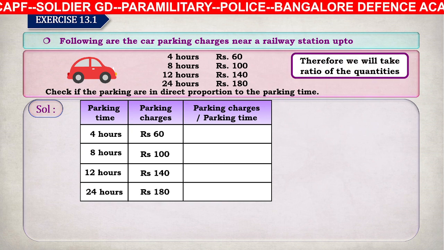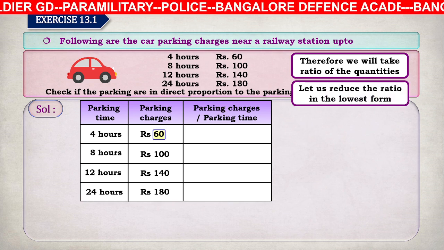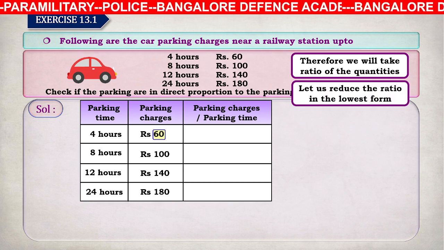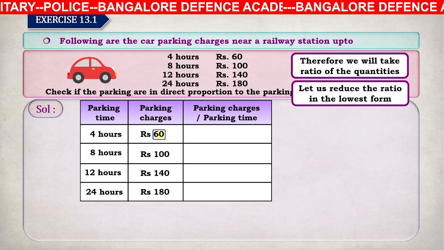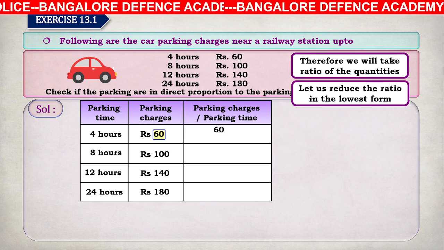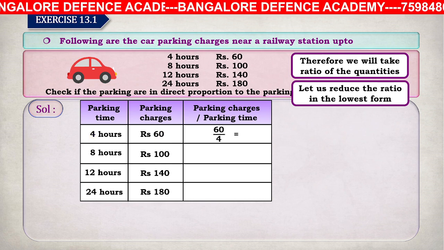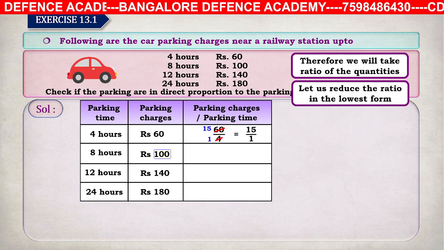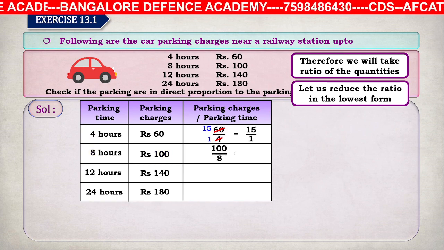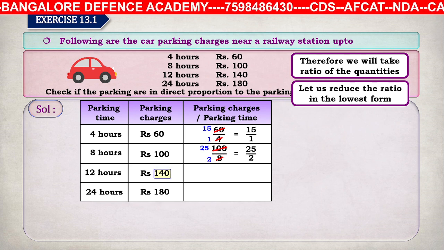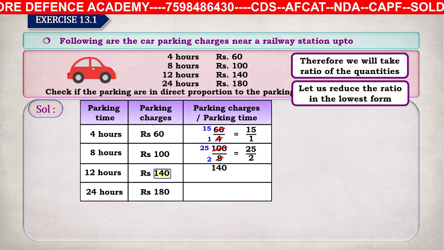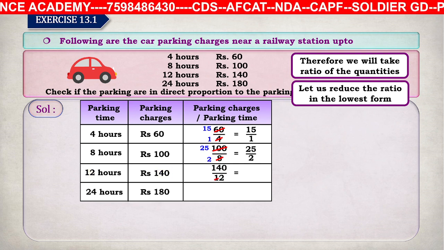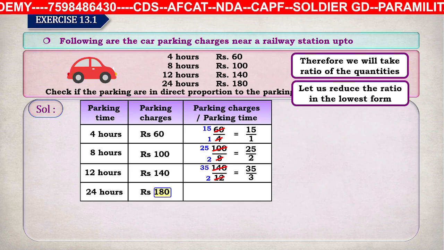Now I am going to take the ratios and judge whether it is direct or indirect. 60 by 4, I get 15. Next, 100 by 8, I get 25 by 2, that is 12.5. Then 140 divided by 12, I get 35 by 3.